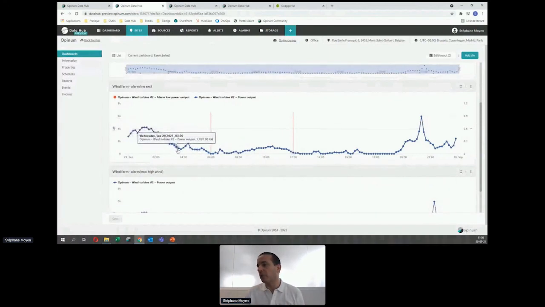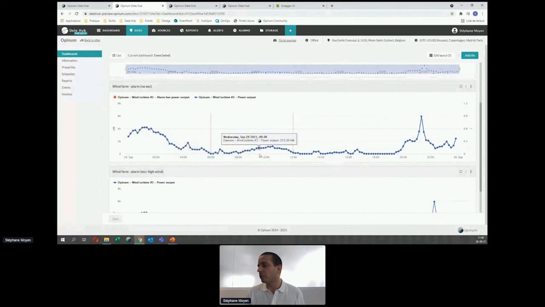And as long as we don't go below the 200 kilowatts, we don't have an alarm. Here you can see that we have a value below 200 kilowatts, 22 in this case. So the alarm goes to 1. And it will only reset when we go above 800, which is going to be somewhere here.